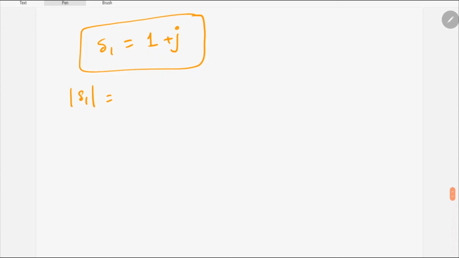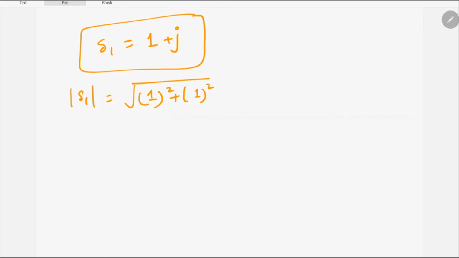So we had a pole S1, let's say we just take this one, S1 is equal to 1 plus j. If I take the magnitude of this, you know how to take magnitudes: we take the real part squared plus the imaginary part squared.